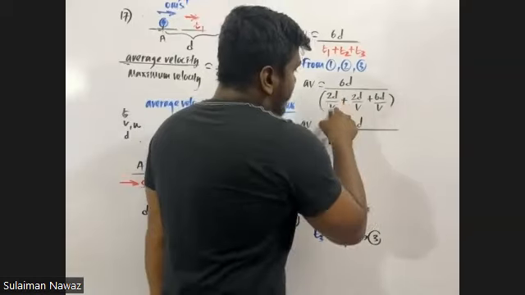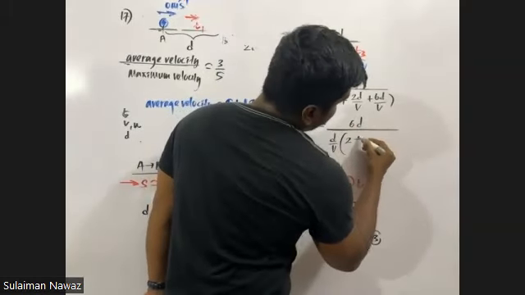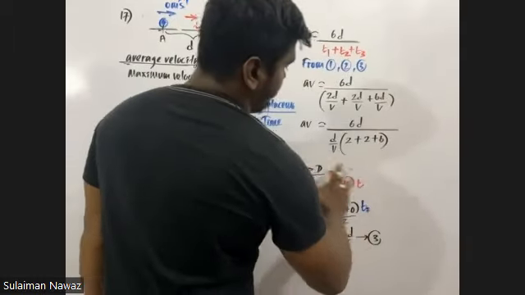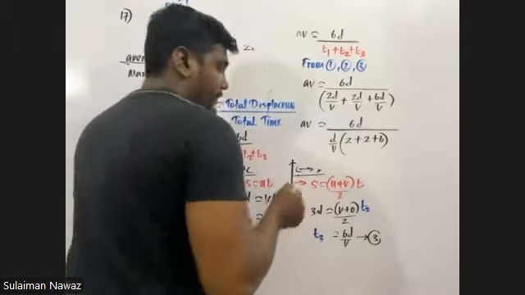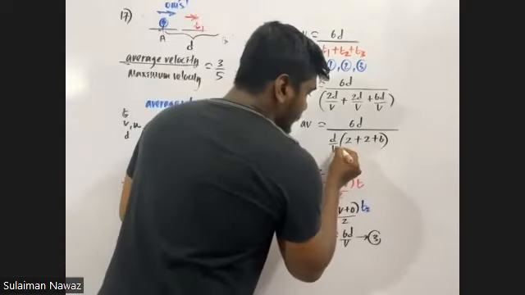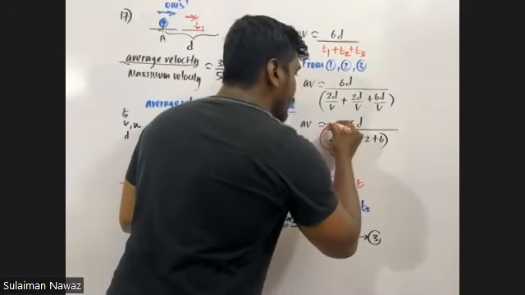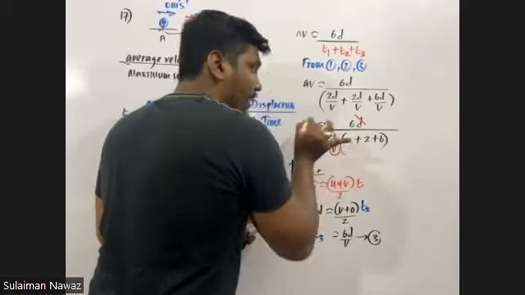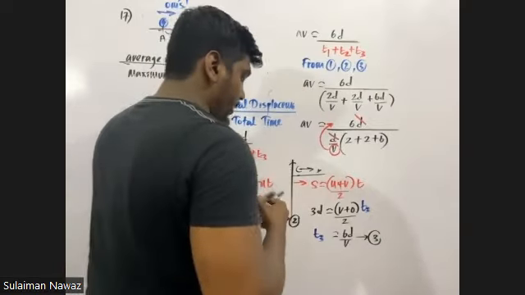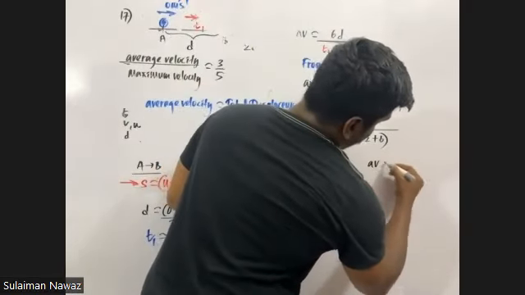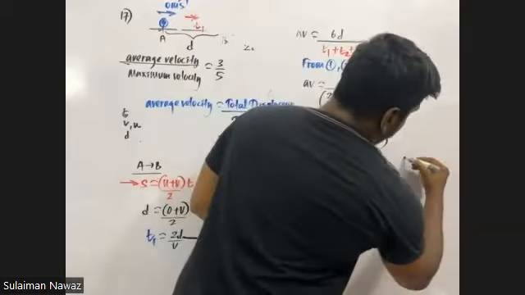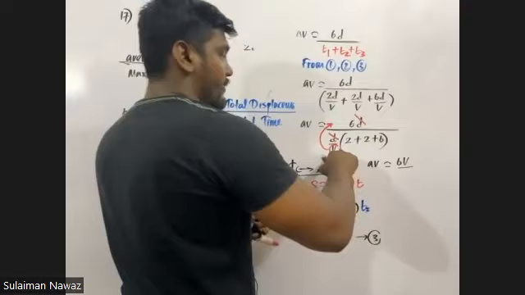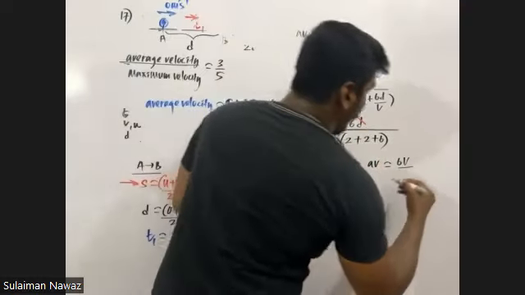If I take d over v as my common factor, 2 is remaining, 2 is remaining, 6 is remaining, right? And then what happens? Look at it. This capital V will be moving to the numerator. What will happen with the simple d? Simple d cancels out. Then I can say average velocity means what? Capital V over, sorry, 6V over. This V will go in the numerator. 6V over 10.